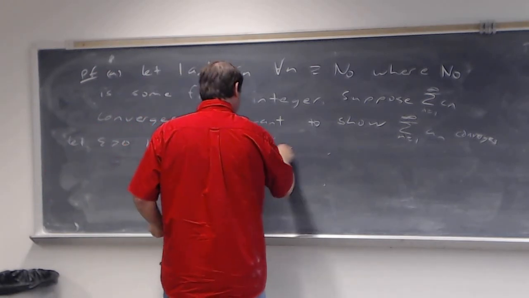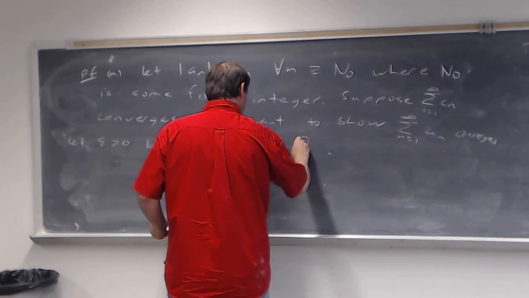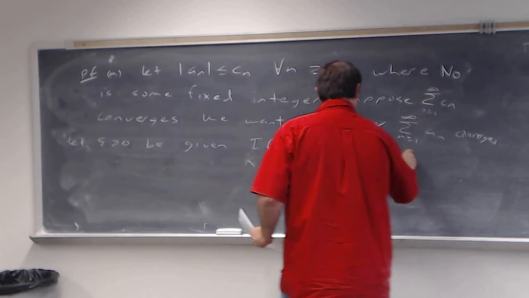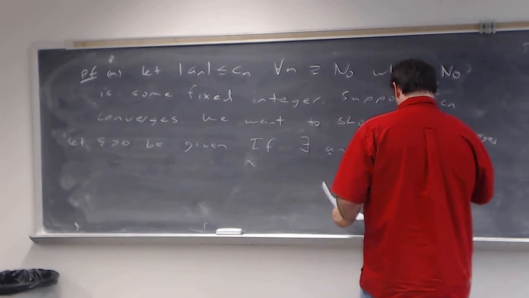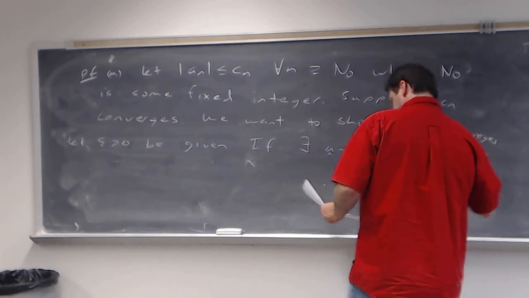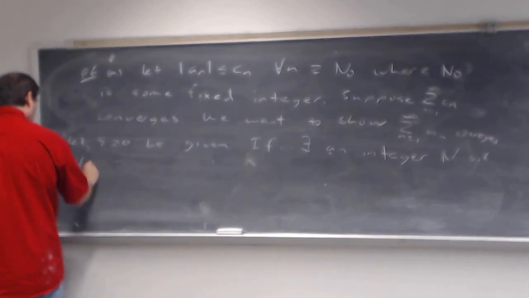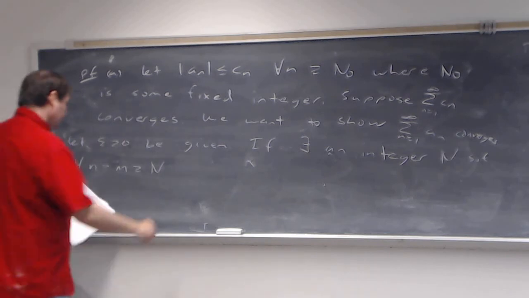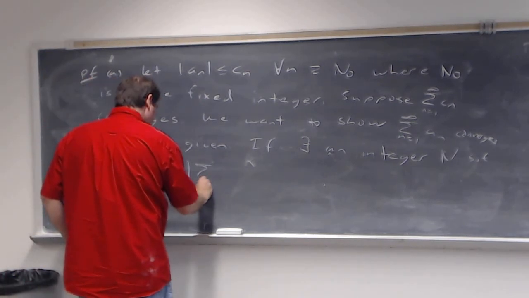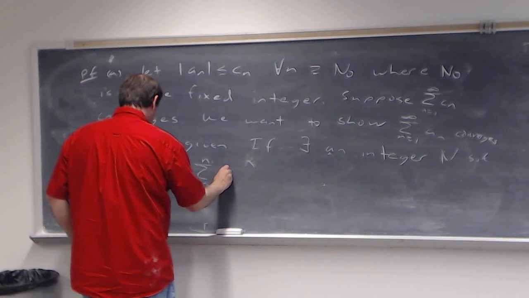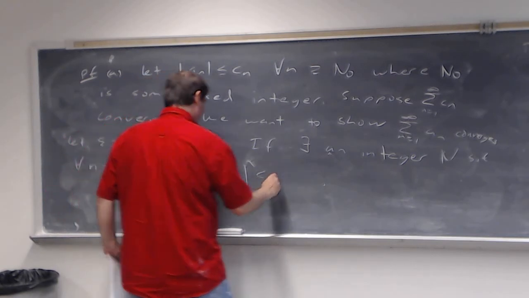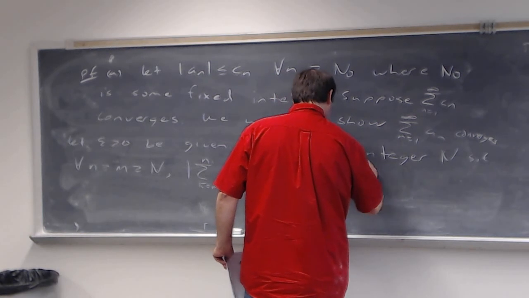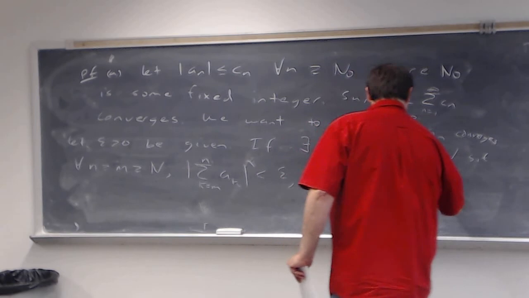If there exists an integer, let's call it big N, such that for all n greater than or equal to m greater than or equal to N, the absolute value of the sum as k runs from m to n of a sub k is less than epsilon, then this series, as k runs from 1 to infinity, of a sub k converges.